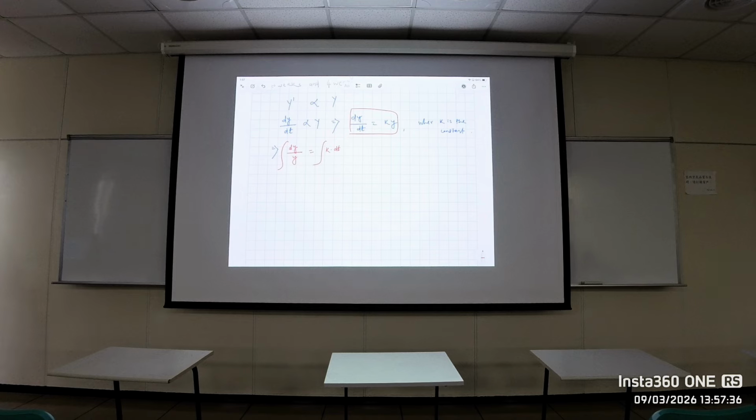I will integrate, and that gives me ln y is equal to kt plus c, and that gives me y is equal to c e to the power kt.